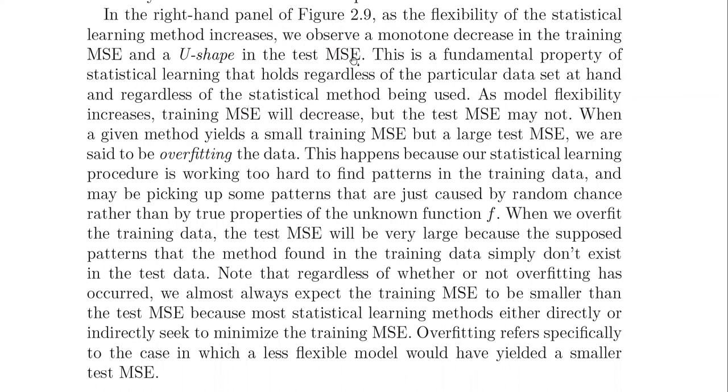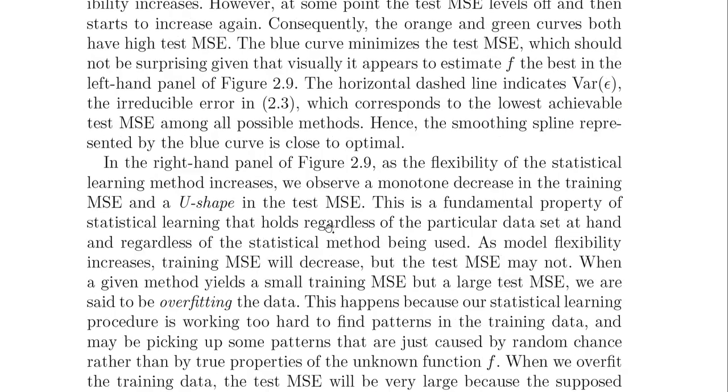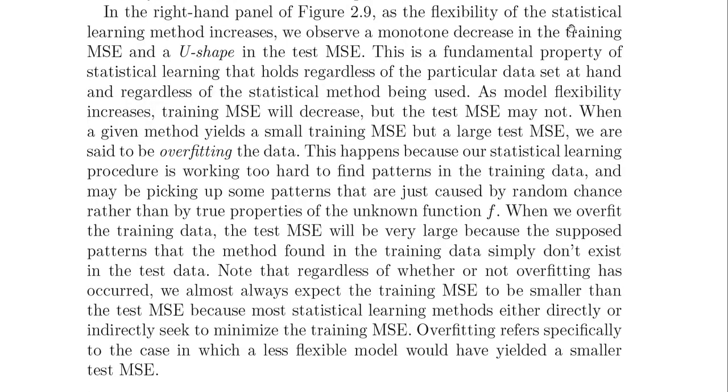In the right-hand panel, as the flexibility of the statistical learning method increases, by flexibility, we mean linear is the least flexible, and the green one was the most flexible. It practically followed the data down to each change from one data point to another point.